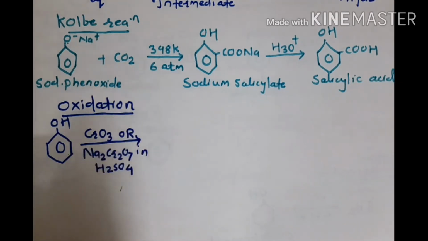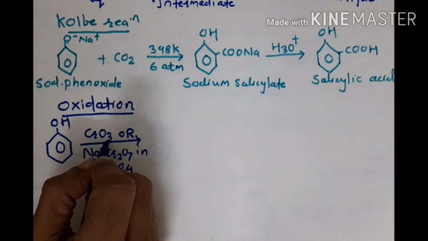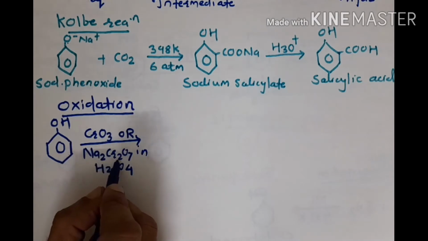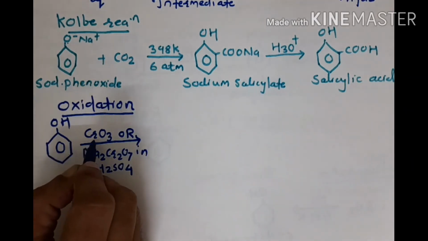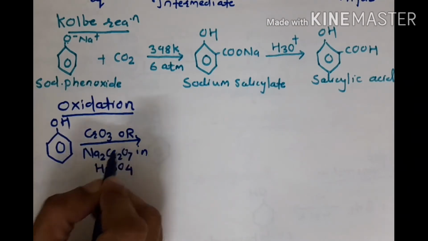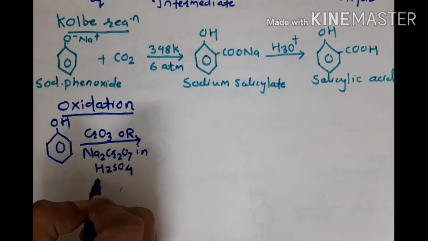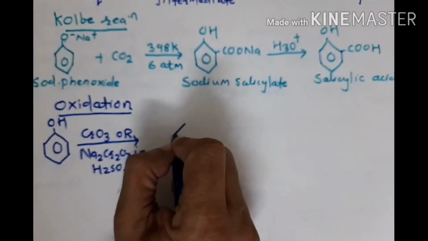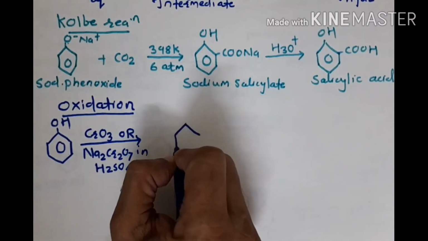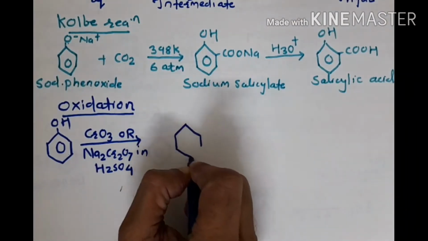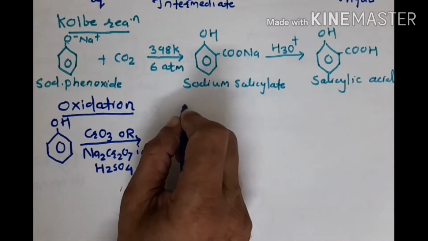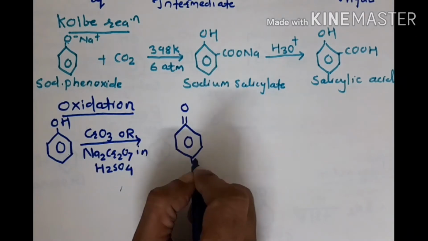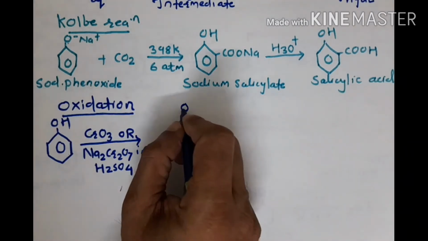These are oxidizing agents. Phenol when heated with chromic anhydride or sodium dichromate in sulfuric acid gets oxidized into a diketonic compound. Ketonic group is C double bond O. Here C double bond O, C double bond O.